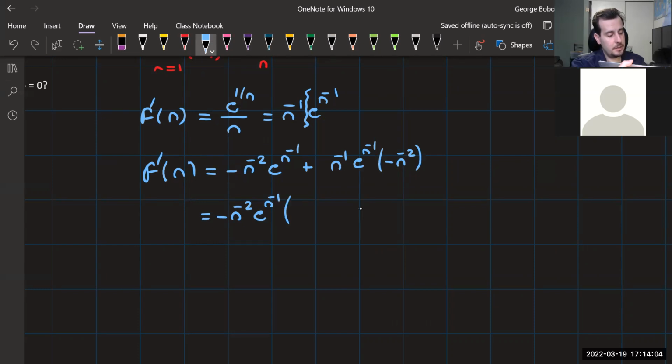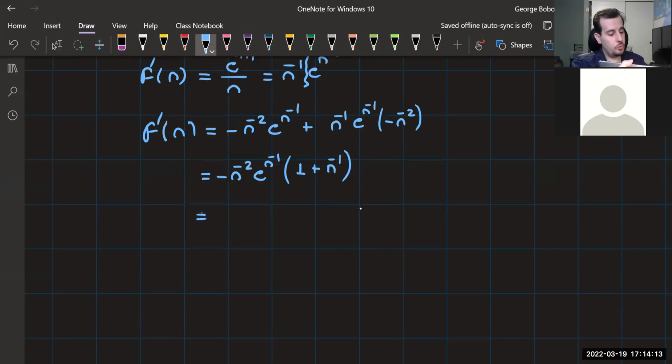Inside I got, for the first term, 1, and for the second term, just n to the -1. If I write it a little bit more pretty, I have e to the 1 over n, over n squared, in the negative here. That is this part. And then inside I got 1 plus 1 over n.